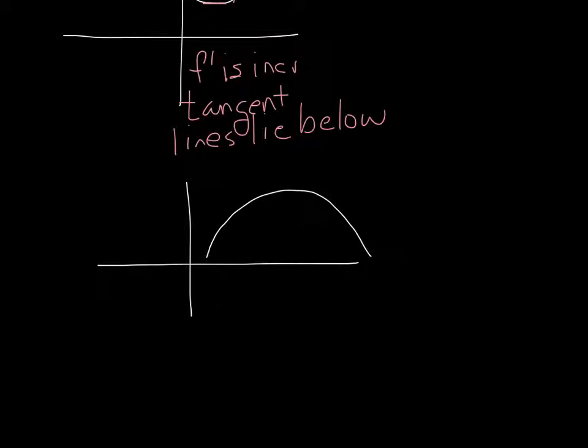If we think about the derivatives here, again, this time the tangent lines lie above the graph. And they're going from extremely positive to less positive to 0 to negative.